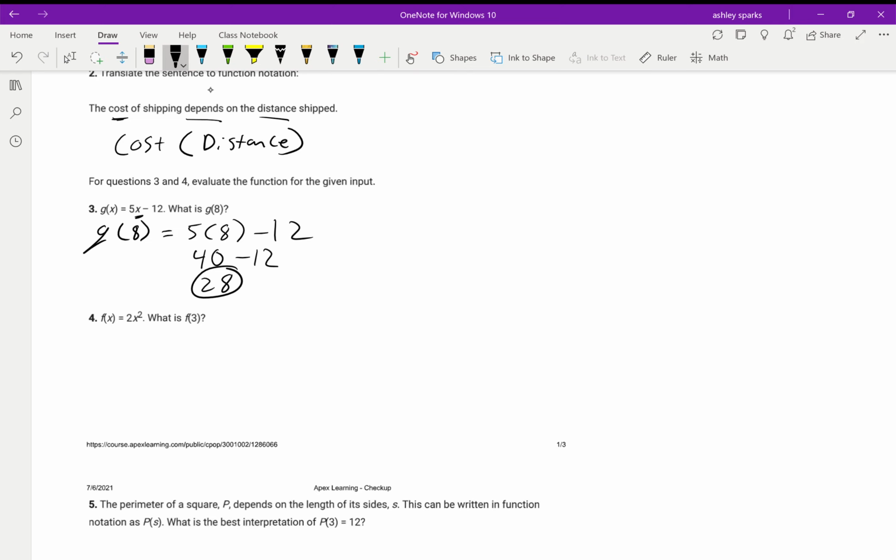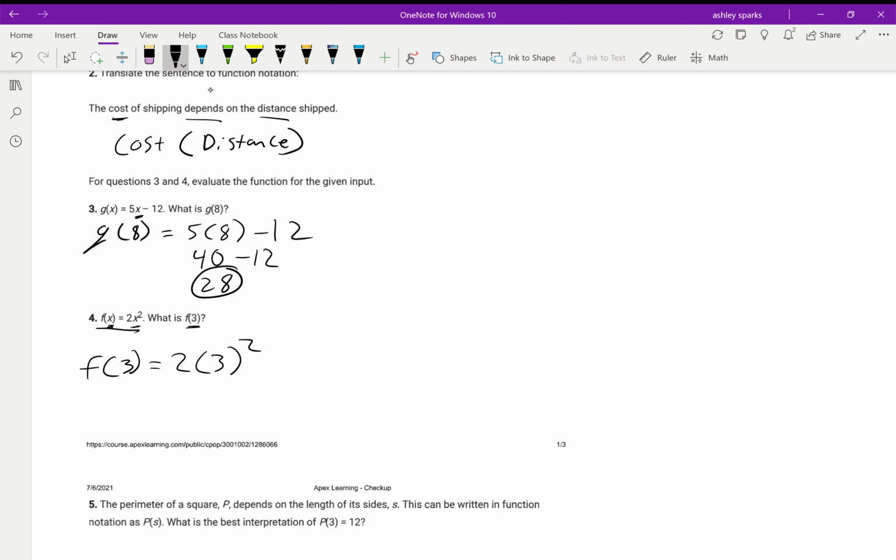Same thing's going to happen here. I see f of 3. What happens when x is 3 in this f of x equals 2x squared equation? So f of x is 3. Okay, I've replaced that x with 3. That means every other place I see x, I got to replace it with 3.